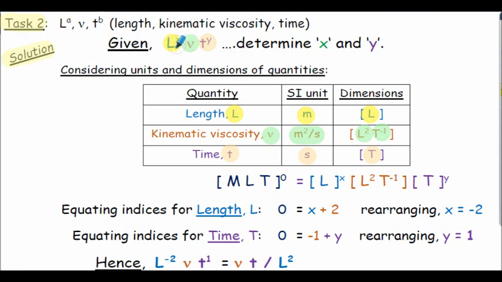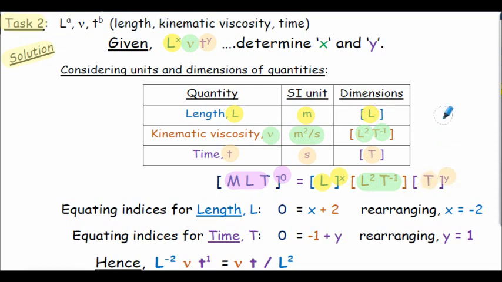So with all the tasks, this is a non-dimensional expression. So on the left hand side we have m l t to the power of 0, and on the right hand side I have my L to the power of x, my length, I have my nu dimensions, and I have my time raised to the power of y.